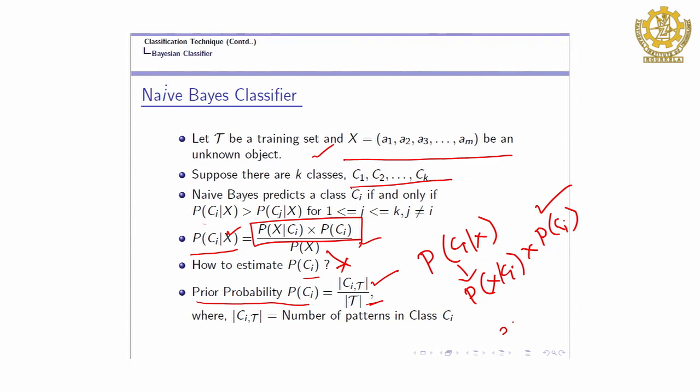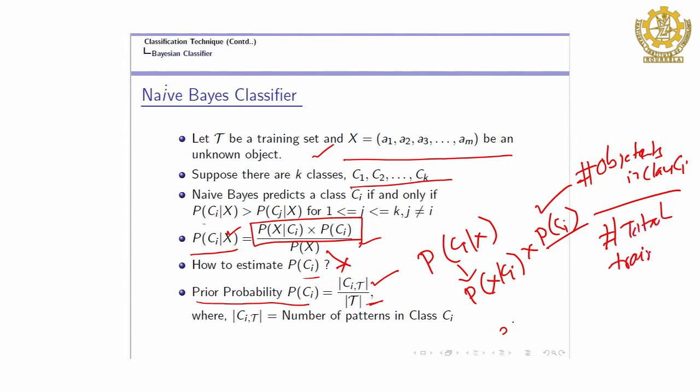The probability of a pattern belonging to a particular class is nothing but the number of objects in class Ci divided by the total number of training samples. So, now what is left over? What is left over is this problem. For this one we will use the naive Bayes formula. Now, we explore this one.